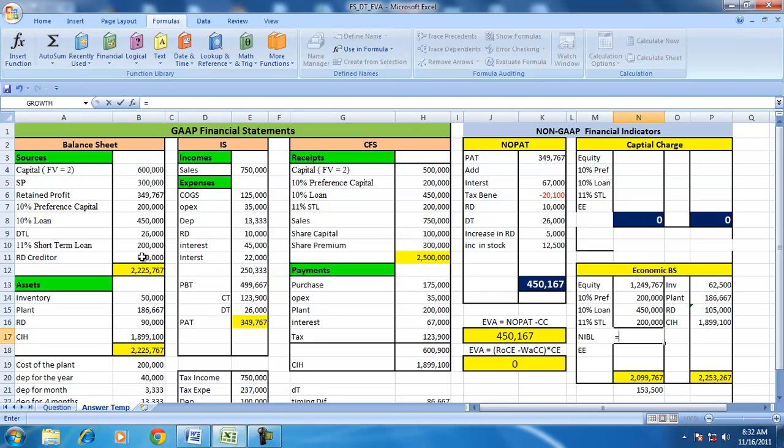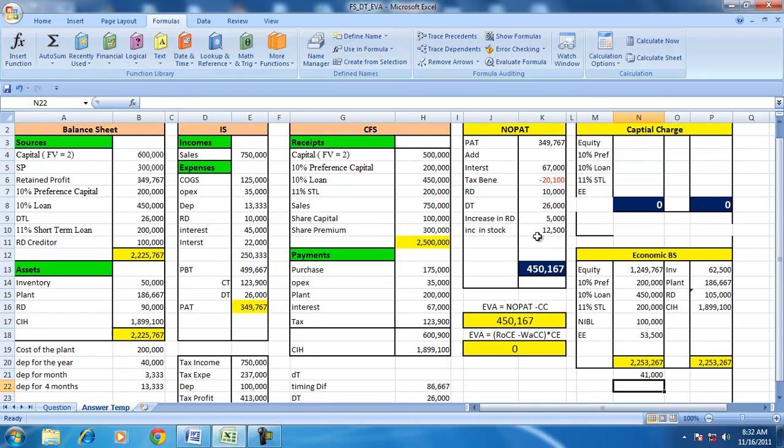Non-interest bearing current liabilities is for R&D creditor, and the balance will be treated as the equity equivalent, which is 53,500, and 53,500 is the adjustments for R&D plus deferred tax, plus this will give you the equity equivalent. So equity equivalent is the adjustments to convert the accounting balance sheet to economic balance sheet.